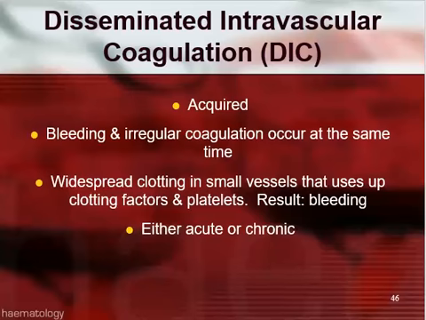It can be an acute, or it can be a chronic, from some sort of chronic inflammatory condition. You get excessive bleeding and irregular coagulation at the same time. So you get inappropriate clotting and inappropriate bleeding because of it.